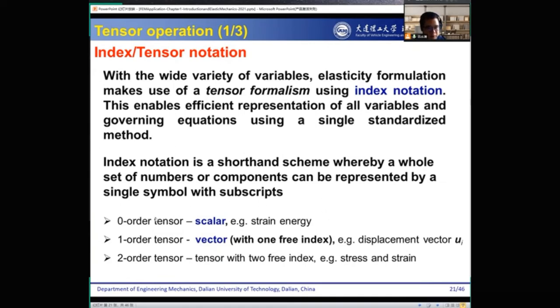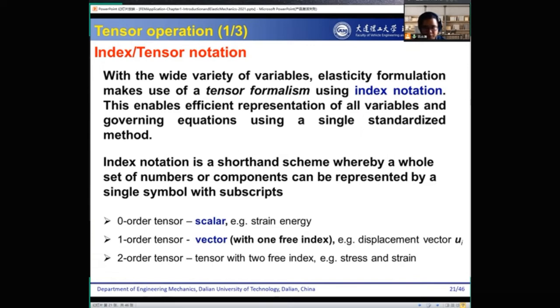The zero-order tensor is the scalar, for example the strain energy, the body weight, the body height. It's a scalar, a zero-order tensor. The first-order tensor is the vector, for example the displacement or the direction vector.